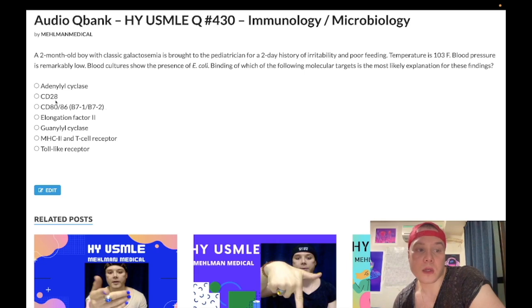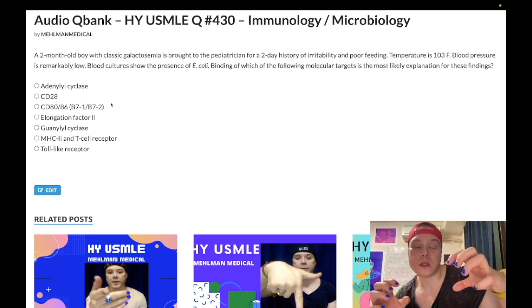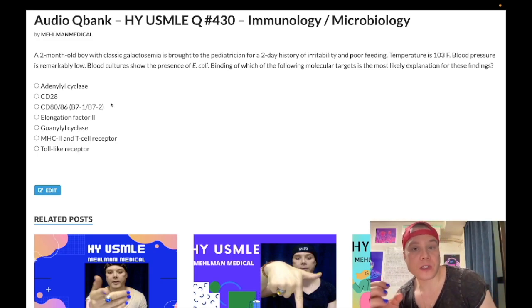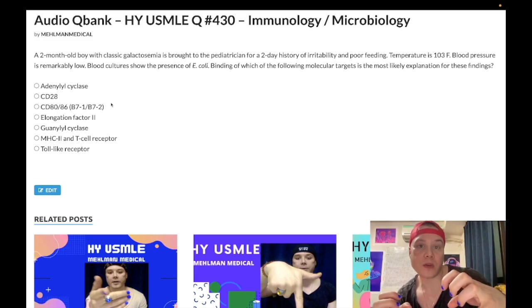And now we've got CD28 as well as CD80/86, aka B7-1/2, also wrong answers. Now, I said I would cut to the chase. This is what you need to know. When you have an antigen being presented to a T cell, whether it's a nucleated cell presenting on an MHC1, or a macrophage, dendritic cell, or B cell presenting an antigen on MHC2, you're going to have an initial MHC to T cell receptor with CD4 or CD8 interaction.